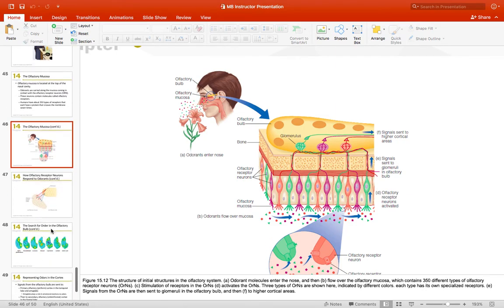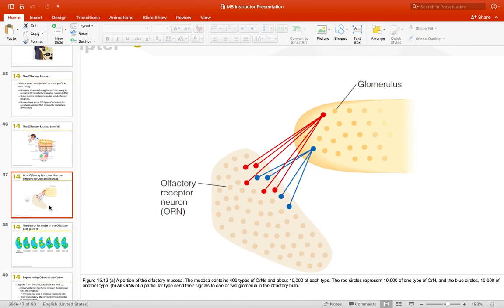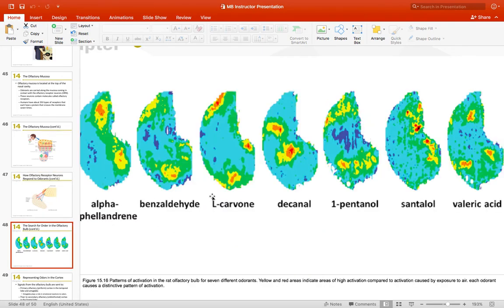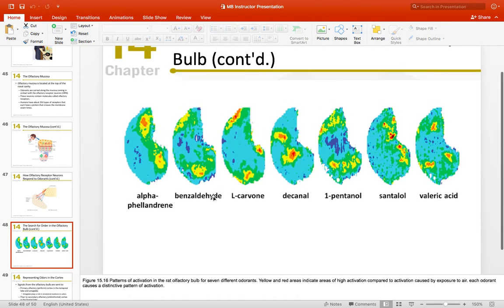But what's interesting here is we have these glomeruli, and they're essentially making specific connections to olfactory receptor neurons. Okay, that's what they're showing you here. Once again, this is all in the text, so you want to make sure you look at that. And here's that point I was trying to make earlier: patterns of activation. In this case, some research with the rat.